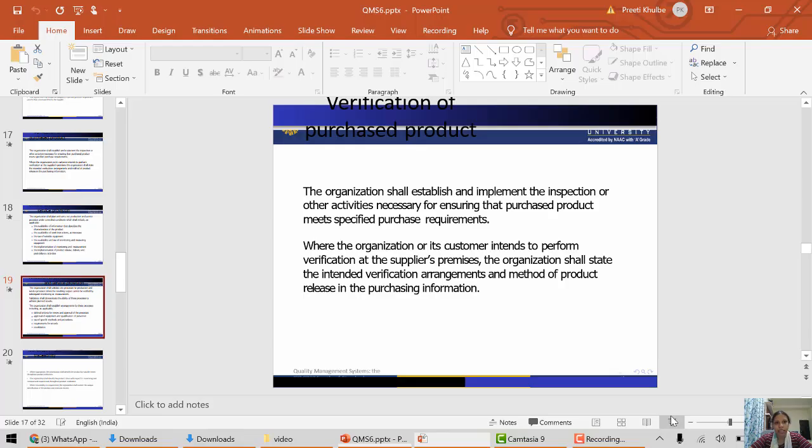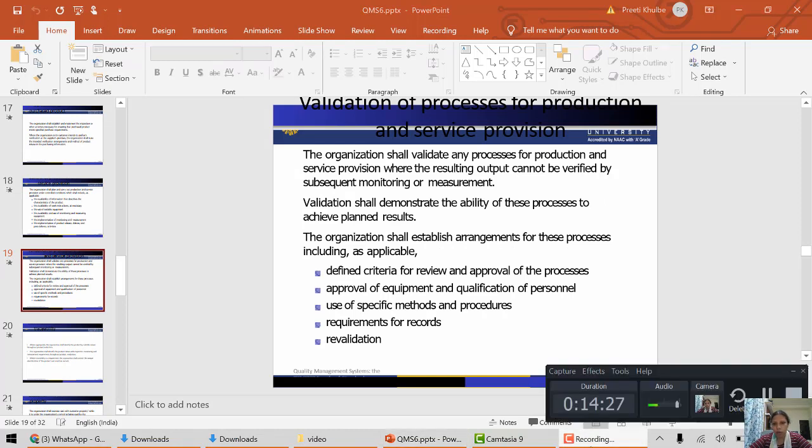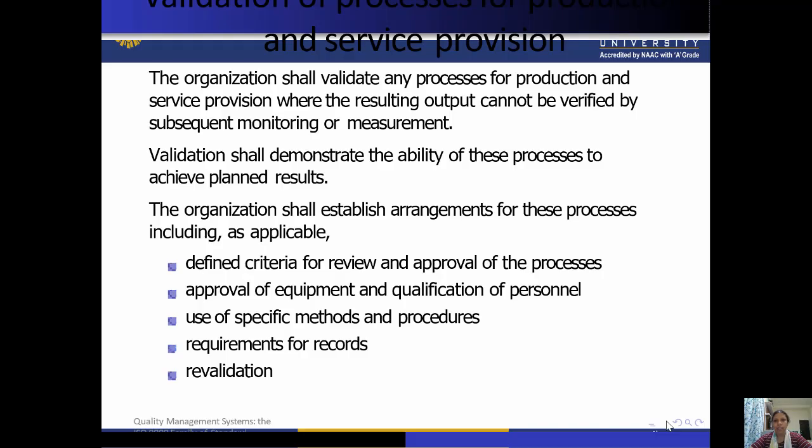Now, again, the validation of processes for the production and service provisions. So the organization shall validate any process for the production and service provisions where the resulting outputs can't be verified by subsequent monitoring and measurement. The validation shall demonstrate the ability of these processes to achieve the planned results.